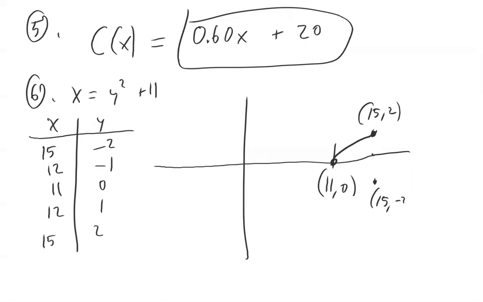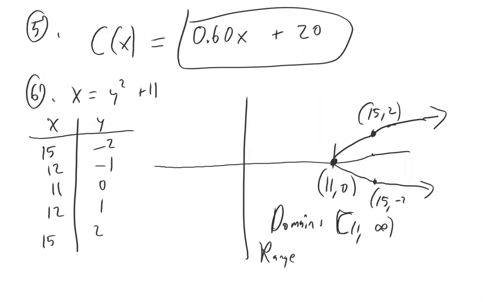So the graph looks like that. Now notice closely that the left side of the graph is at 11, and it does touch 11. So the domain of it is from left to right. It's 11 with a bracket around 11 to infinity, and then the range of it is from the bottom to the top. So the bottom of it is going downwards to negative infinity, and the top of it is going upwards to positive infinity. So that's the domain and the range.